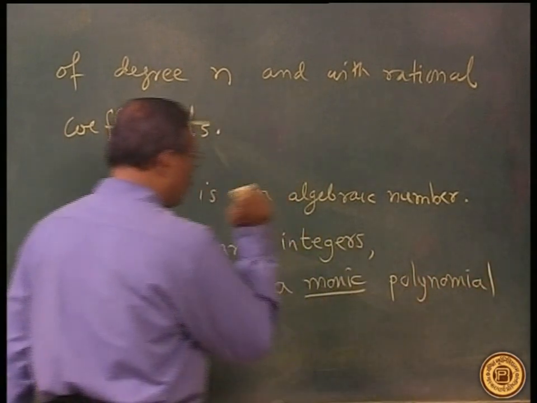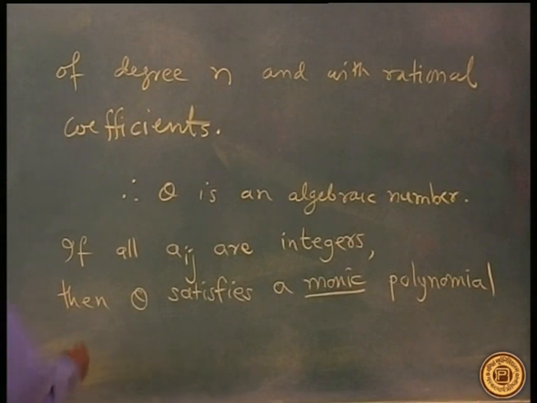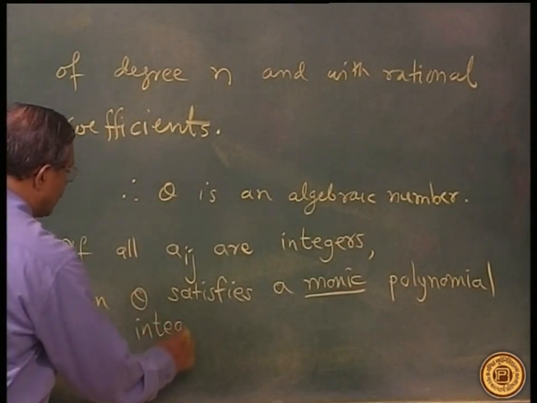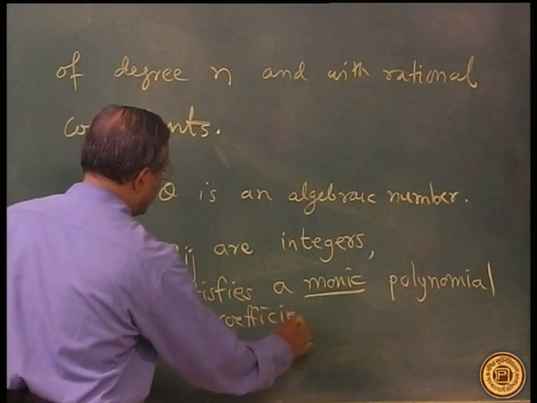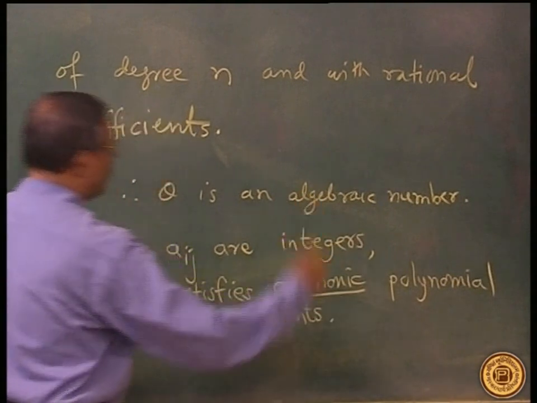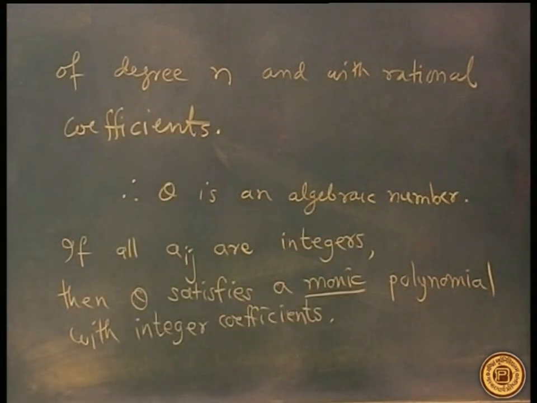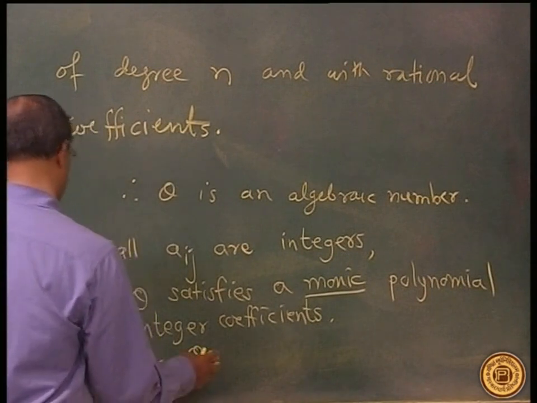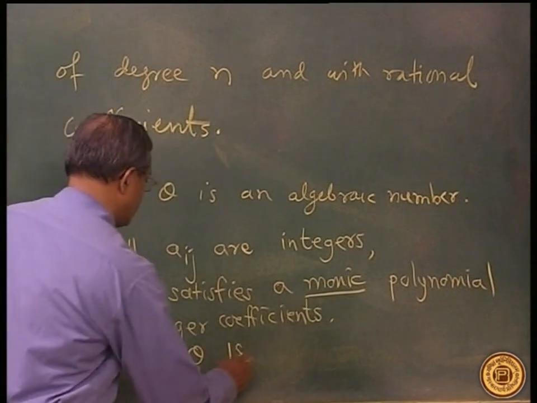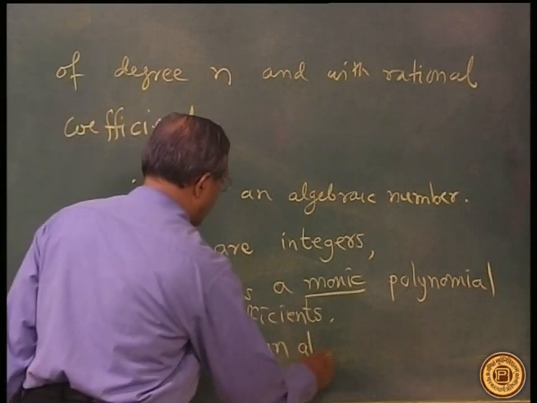Here the word monic is important, with integer coefficients. And what does this mean? That means theta is an algebraic integer. Therefore, theta is an algebraic integer.